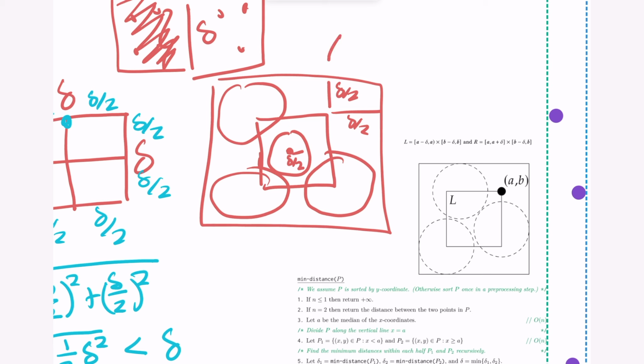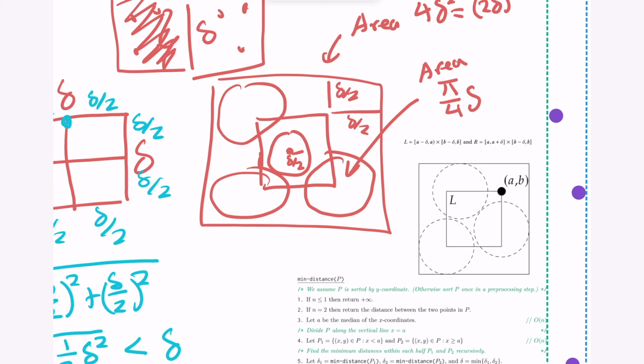And this bigger square has area 4 delta squared, right? Because it's going to be 2 delta times 2 delta. And each disk has area pi r squared or something. So pi over 4 delta squared. And they're disjoint. So you just take the big area divided by the small area, and that'll tell you how many disks you can fit in.